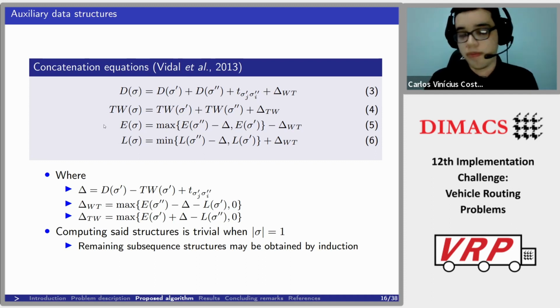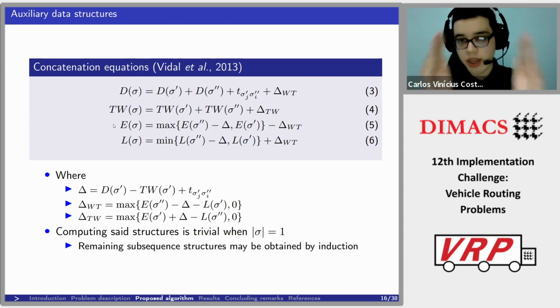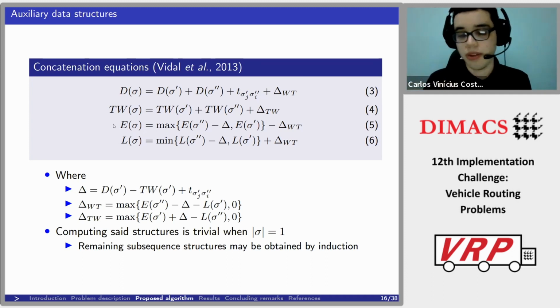I'm not going to be able to delve into how they work, but basically they are based on the idea that those moves I'm showing you consist in breaking a route into pieces. And if we are able to compute the time window violation for sticking those pieces together, then we are able to compute the violation of the resulting routes.